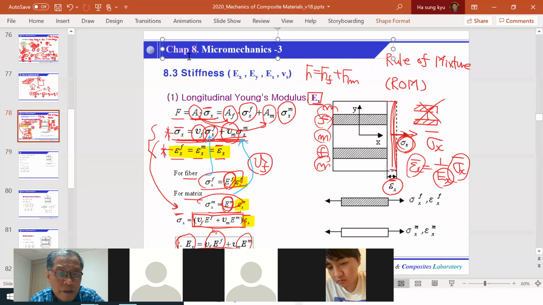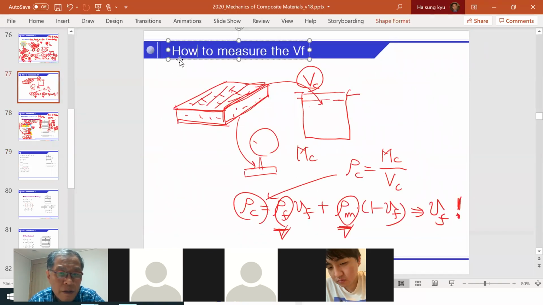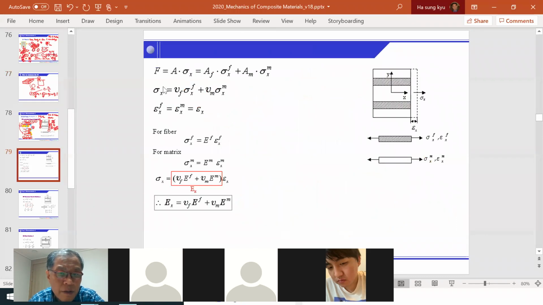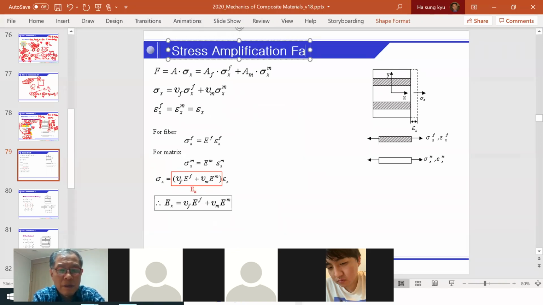Now here is the derivation, and this is a part of your homework.